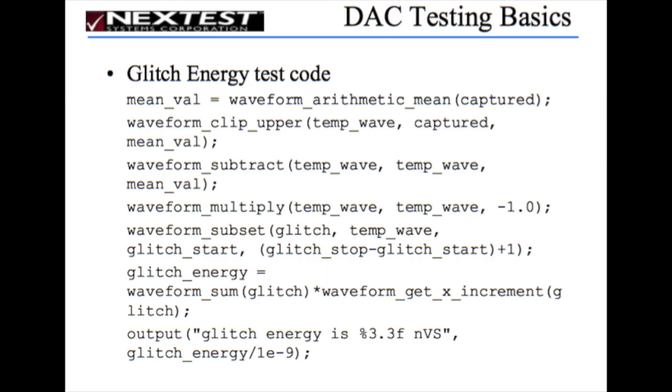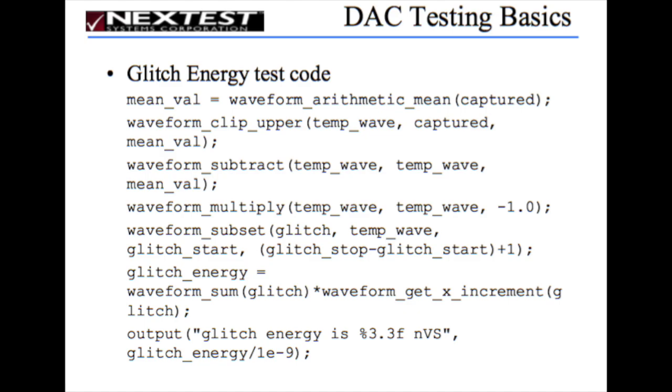Okay, so what did we do there? We multiplied the voltage times the time. That's what a volt-second is all about. You multiply the voltage times the time. We know the time because that's in waveform get increment. And we got the waveform sum by doing waveform sum on the glitch.